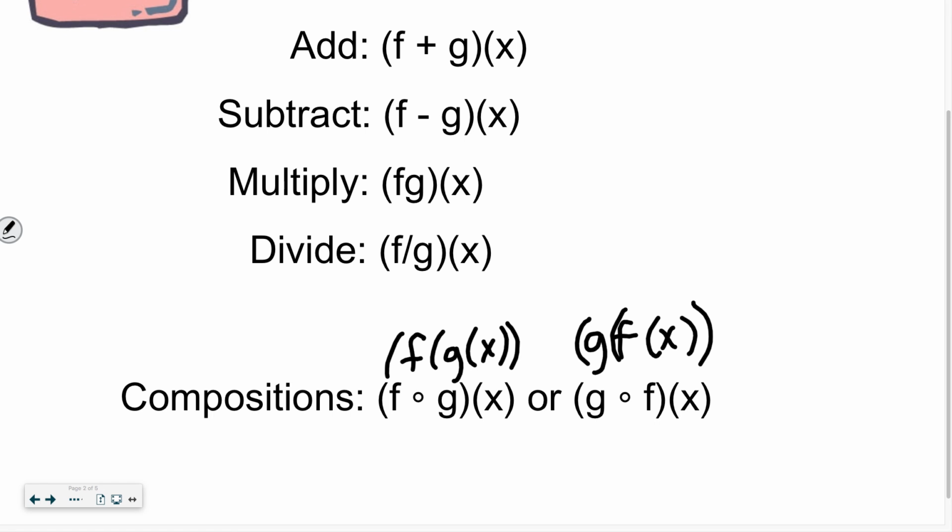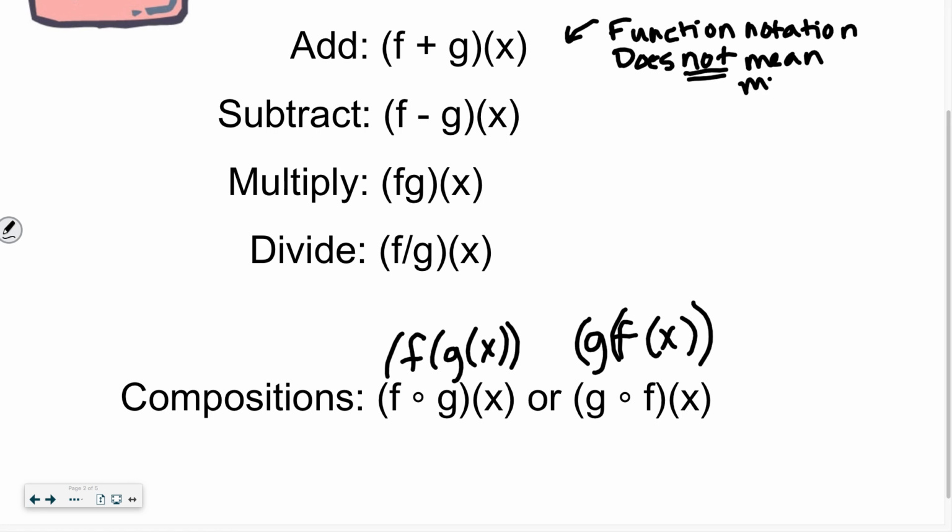Okay, so one thing I want to make note of in the notations, if you have something like for adding f plus g of x, that is just function notation. It does not mean multiply by x.